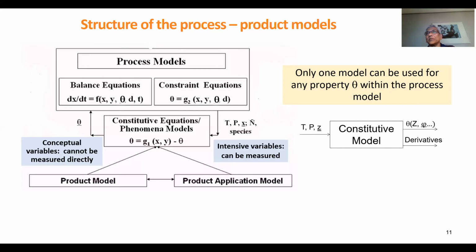That is also very important because in many simulators, in order to provide more flexibility, they offer more than one property model. But more than one property model would mean that if there is a stream connecting two unit operations, they will have two different values.